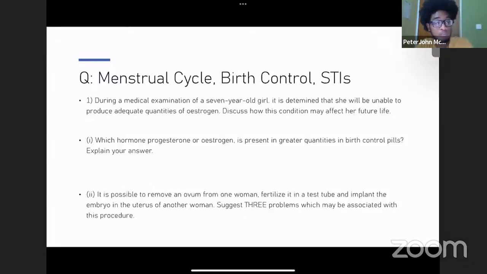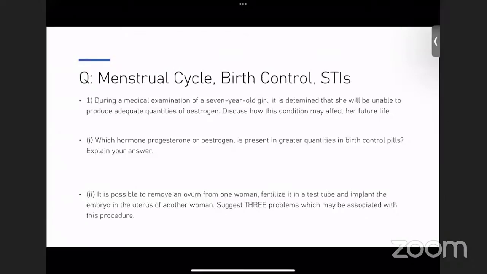The people marking your paper are probably going to say, no, they didn't put what I wanted. So I wouldn't necessarily put that about the uterine lining and menstruation. I wouldn't necessarily say you wouldn't be able to menstruate per se.